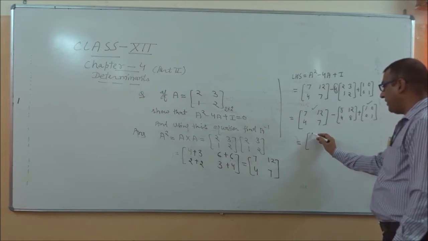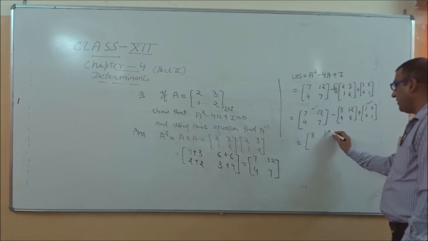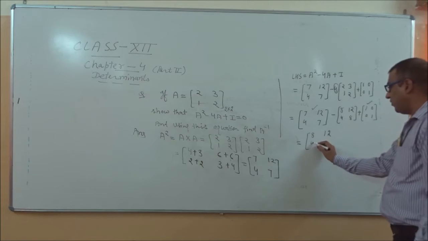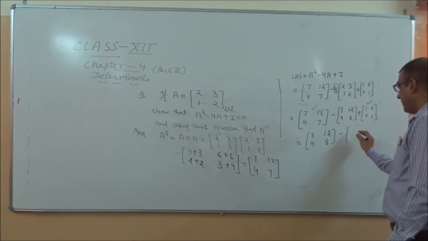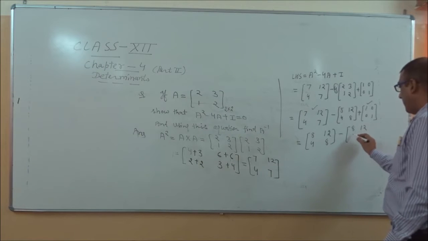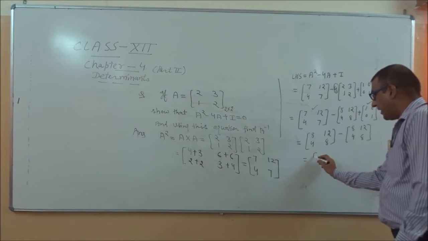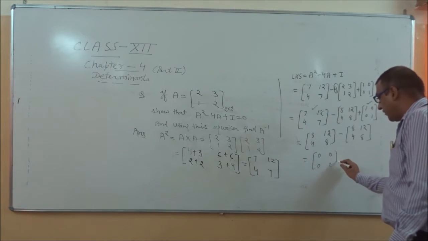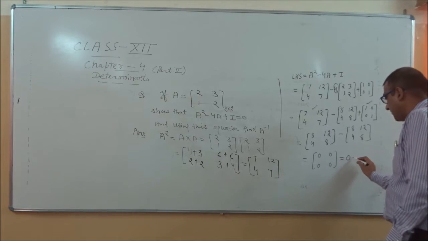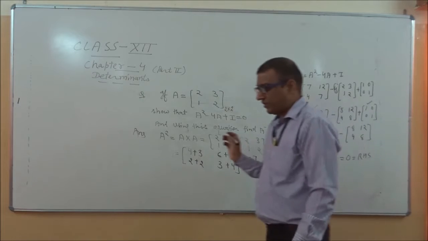Corresponding elements will be added, and the orders of the matrices are also the same, so addition is possible. 4 plus 0 is 4, 7 plus 1 is 8, and the second term remains the same. This is your 8, 12, 4, 8, and when you solve it, you will get the 0 matrix, which is equivalent to the RHS side. So this is one part of this question.